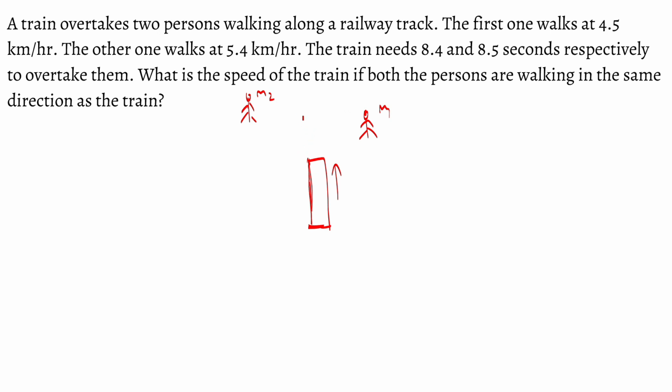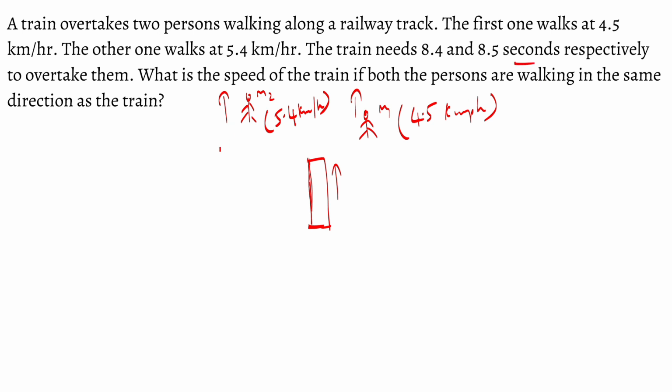The first one walks at 4.5 km per hour, and the second person walks at 5.4 km per hour. And the train needs 8.4 seconds and 8.5 seconds respectively to overtake them. So they are also moving along with the train in the same direction.